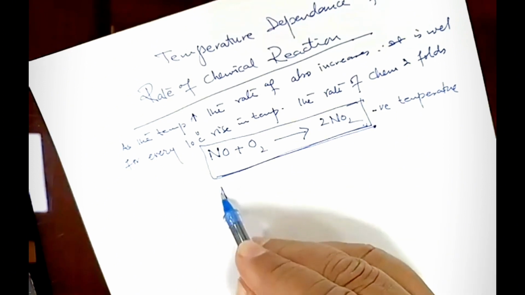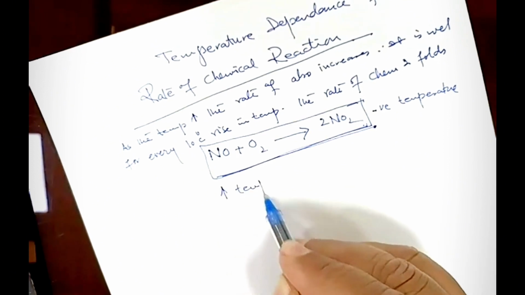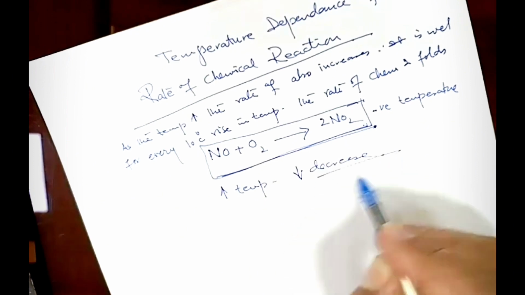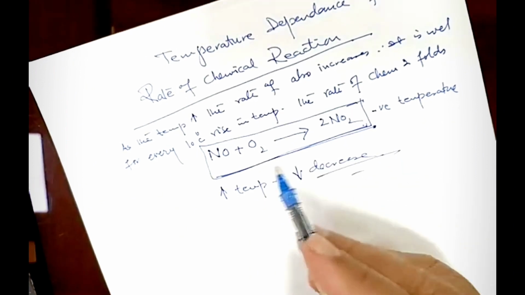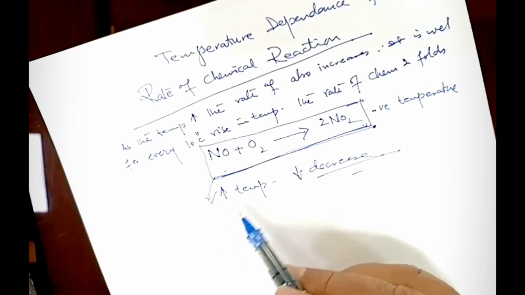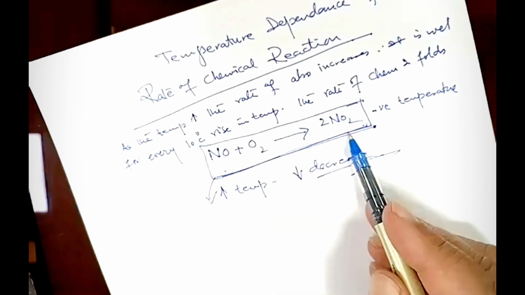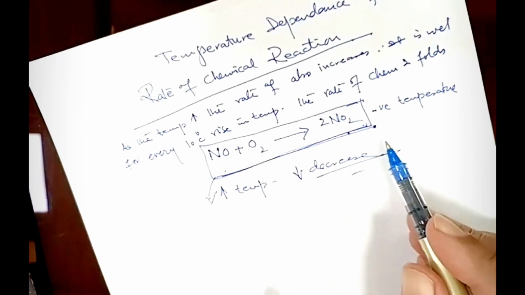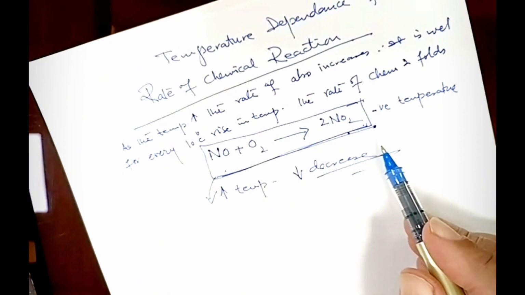When we increase the temperature, the rate of reaction decreases. Why is it so? If we write the detailed pathway of this reaction, its rate determining step is exothermic. That is why if we increase the temperature, the rate of reaction decreases instead of increasing.